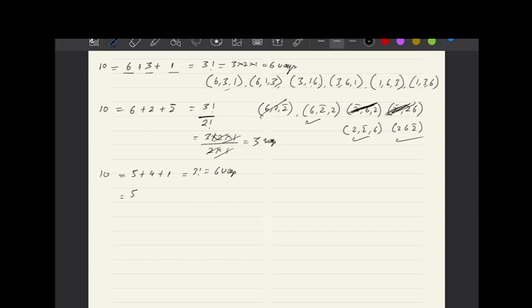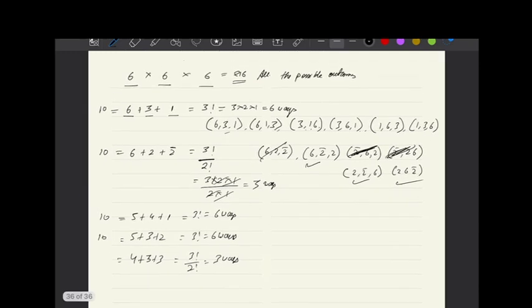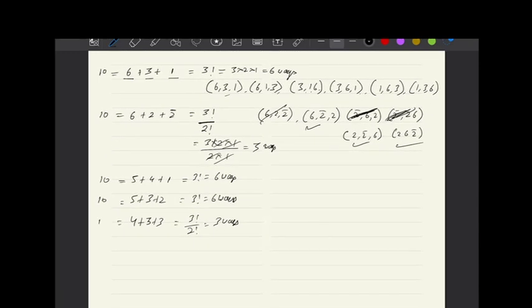Another possibility would be 5 plus 3 plus 2. Again, 3 factorial equals 6 ways. Next would be 4 plus 3 plus 3, which is 3 factorial divided by 2 factorial, equal to 3 ways. So how many have we got here? 1, 2, 3, 4, 5 possibilities.